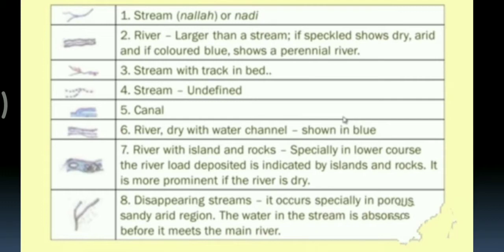When a stream appears on a topographical sheet like that structure and after some space it disappears, that means the river goes underground, or it has disappeared. River with island and rocks: especially in the lower course of a river, the load deposited is indicated by islands and rocks. It is more prominent if the river is dry.